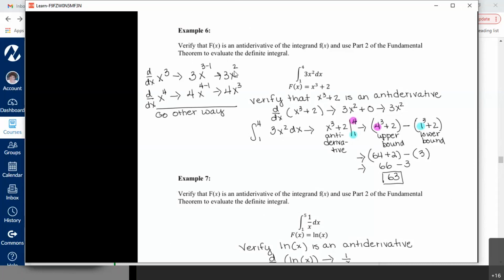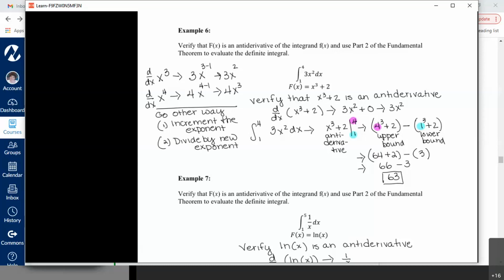So if we go the other way, the first thing we're going to do is increment, add 1 to the exponent, and instead of multiplying by the exponent, we're going to divide by the new exponent.